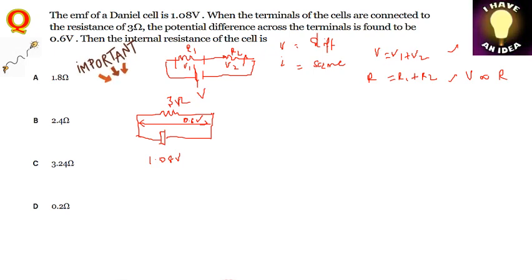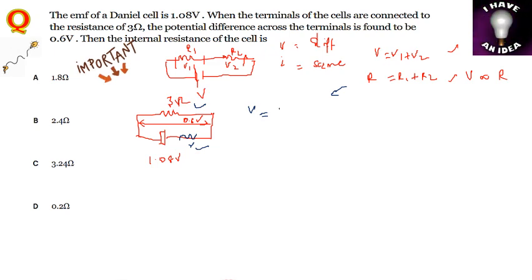See, for better understanding, I mention the internal resistance here as small r. So use the same situation over here. From this, the total potential V is equal to V1 plus V2. That is, V1 here is across the 3 ohm resistance, and V2 here is the potential across the internal resistance. That will be equal to the total potential 1.08 volt.